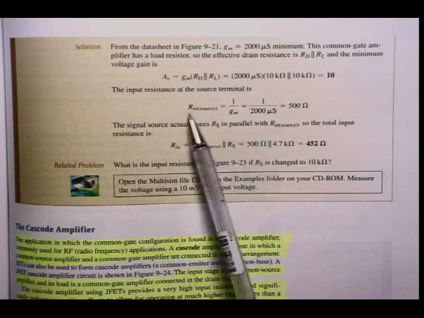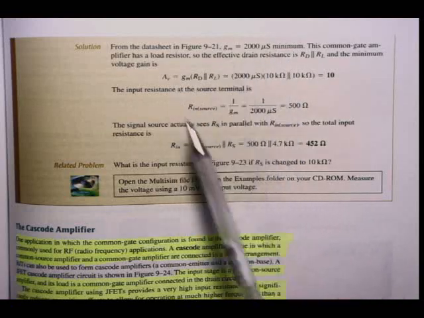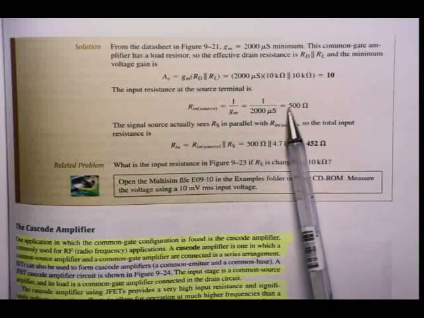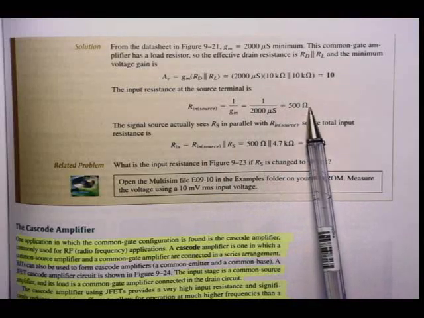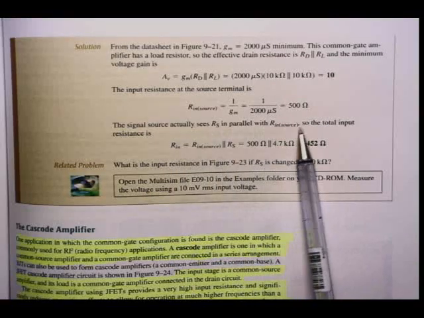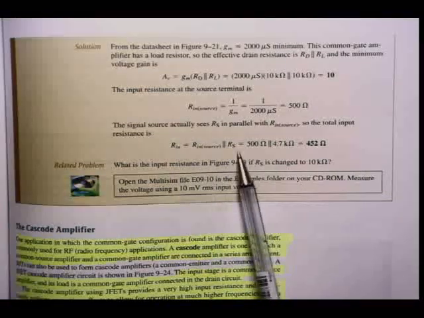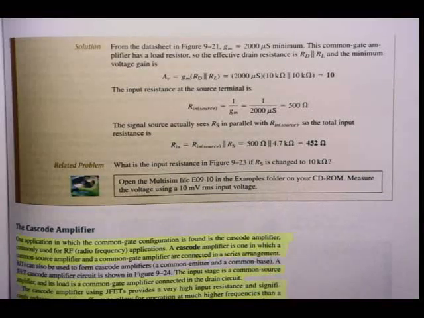Input resistance, as we've seen, is 1 over gm, 1 over the 2000 that I found on the data sheet, microsiemens, gives me a value of 500 ohms. Then the signal source actually sees RS in parallel with Rin at the source, so the total resistance is then Rin source in parallel with RS, 500 in parallel with RS, 400 ohms in this specific case.